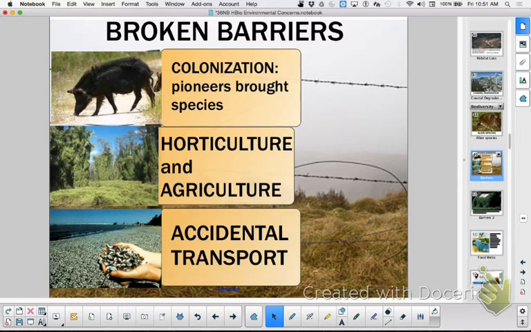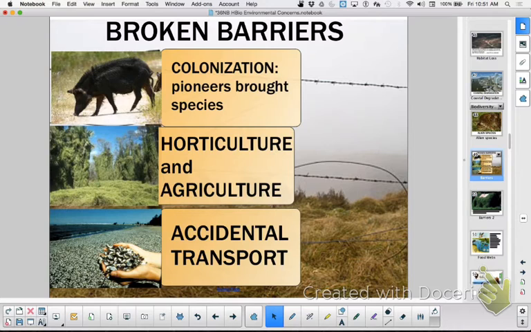Do you remember that part? So is that an alien species? No. Why? It's evolving side by side with all the other three-toed skinks. So when something is evolving and changing, that is not called an exotic species or an alien species.